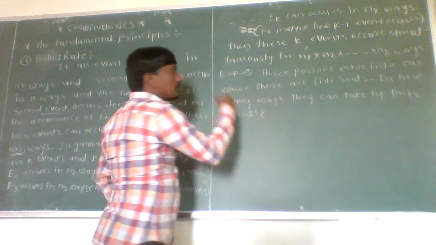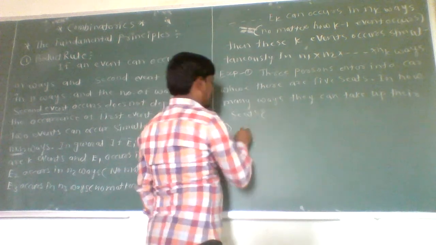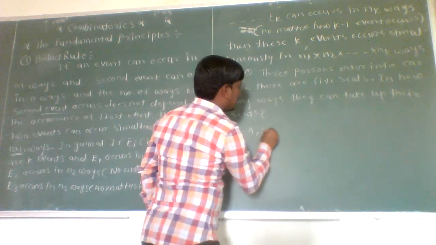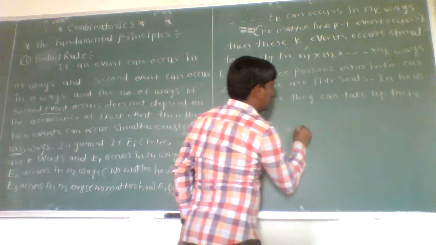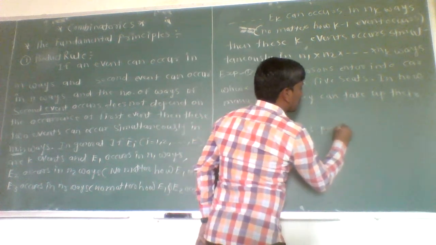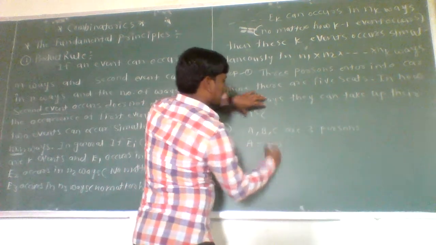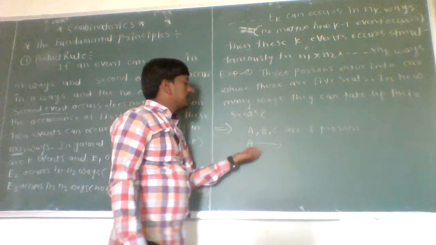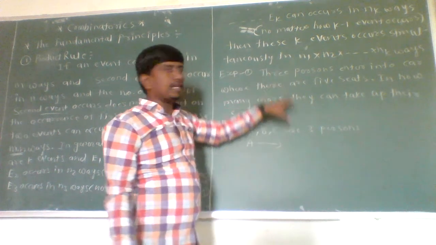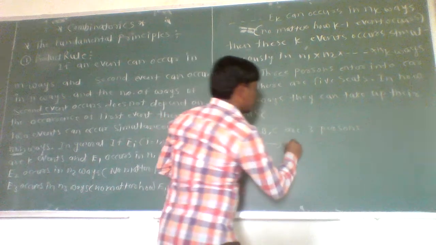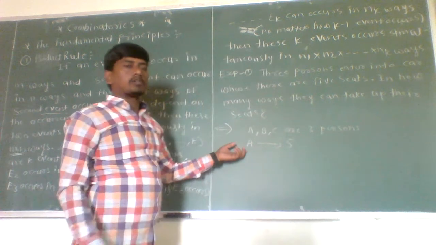Suppose A, B, and C are the three persons. If person A enters the car first, then the number of possibilities for person A will be 5, since A can take any among these 5 seats.